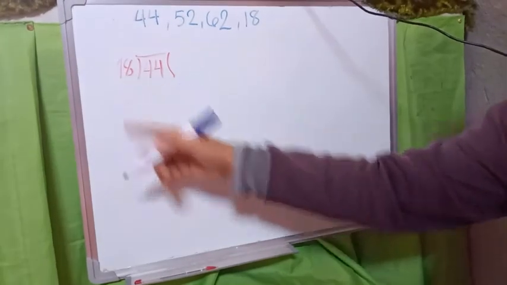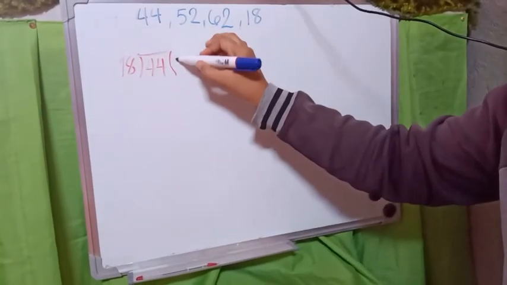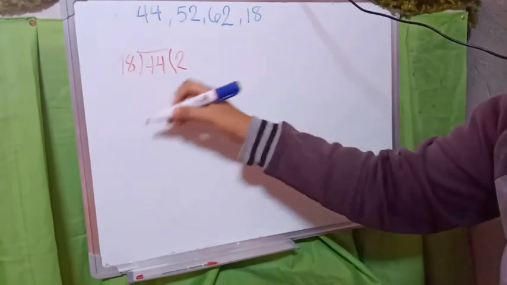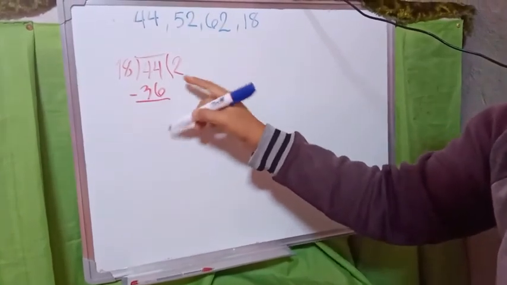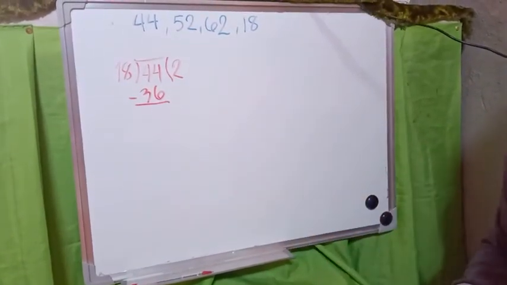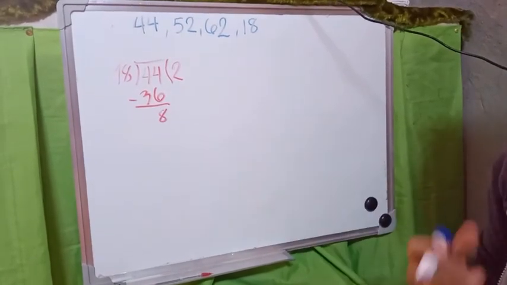So 44 divided by 18, that would be 2. So 2 times 18, that is 36. So we need to subtract 44 minus 36. We got 8. Okay, so 8 is your remainder.